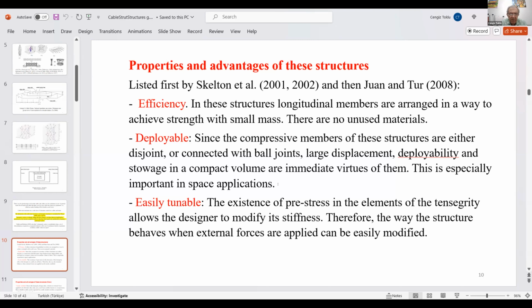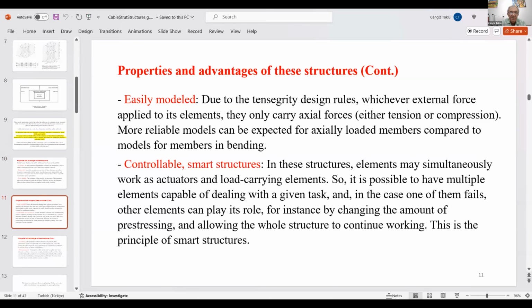They are easily tunable. We can play with them by changing the prestresses. Their shapes, etc., can be changed. They can be easily modeled, and they can also be smart, because by applying different kinds of actuators, by changing the lengths of the bars and cables, etc., you can make it a smart structure.